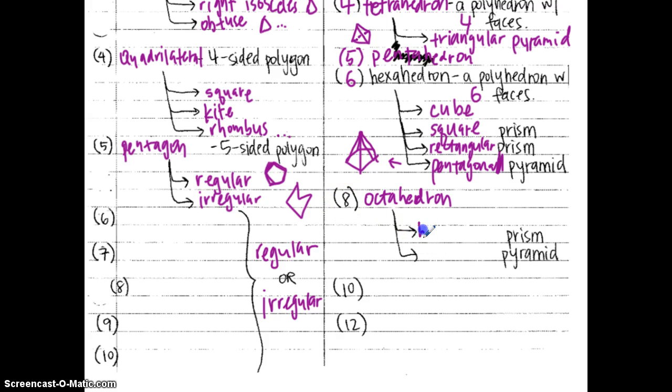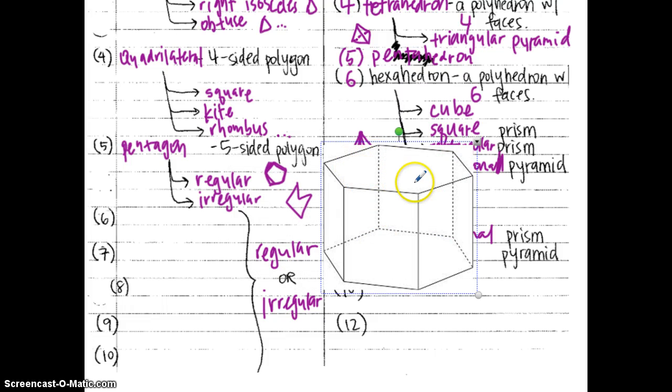So this would be a hexagonal prism, which looks like this. So 2 bases, 2 out of the 8, and then the leftover 6 must form the lateral sides. So it has to be a 6-sided base. So that is a hexagonal prism.